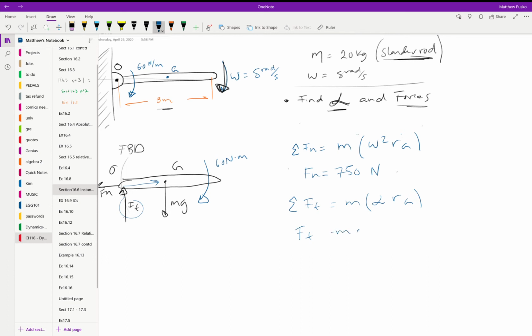I have mg pointed down, and these are not the same, so I should use different notation. And that's going to equal our mass times alpha. This is what we were looking for. And we know the radius. If this is 3 meters right here, half of that would be 1.5 meters.